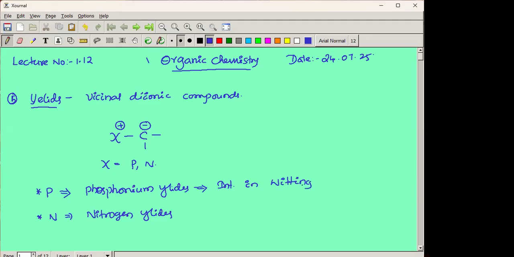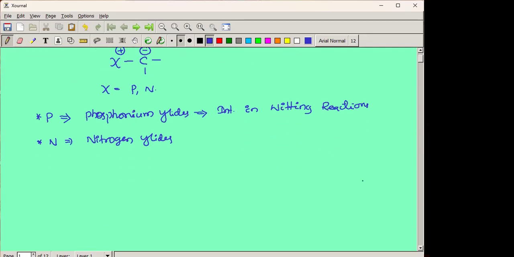In the Wittig reaction, the ylides are the intermediates. For example, we go with the phosphonium ylides. I'm going to take triphenyl phosphonium ylide as an example.